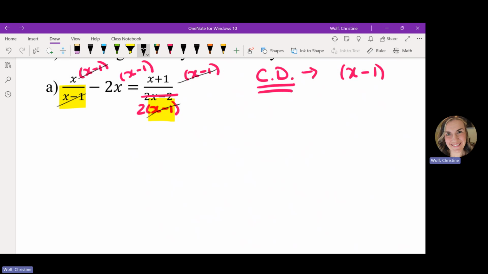What's the problem? The 2. I haven't crossed off that guy yet. So that's why your common denominator will actually be a 2 as well. So I want to actually multiply everything by 2 times x minus 1, so that now I can also cross off the 2s. You have to multiply by everything that's there.